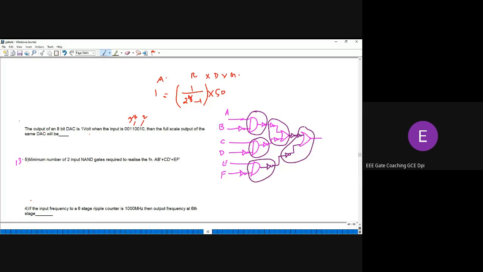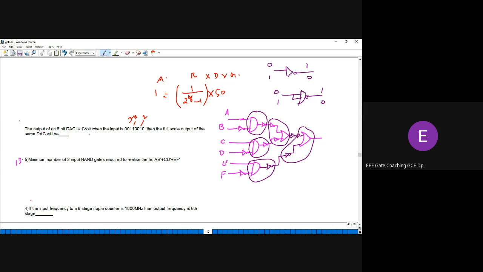This is 5. So 5 NAND gates, and this NOT gate also I can redraw like this. If the input is 1 then the output is 0, so this is similar to a NOT gate.